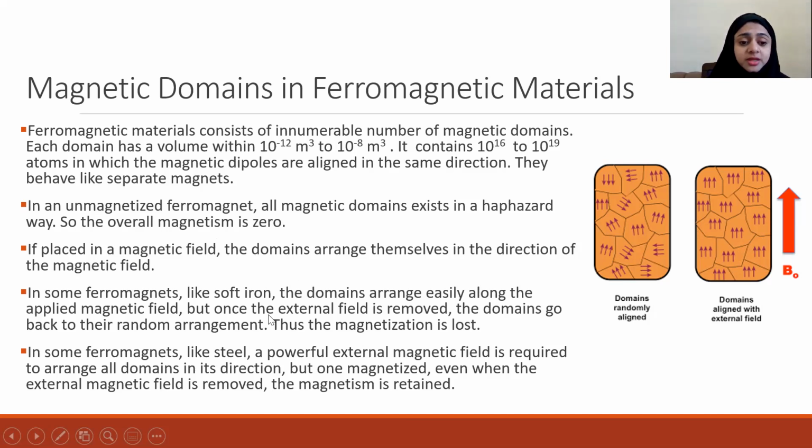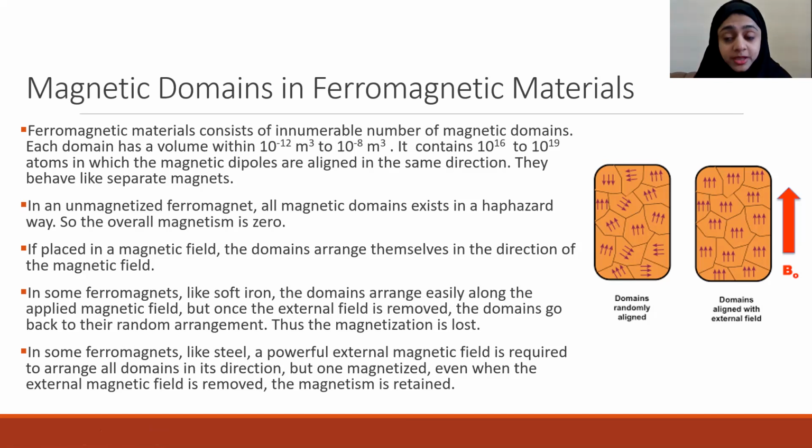In some ferromagnets like soft iron, the domains arrange easily along the applied magnetic field, but once the external field is removed, the domains go back to their random arrangement. Thus, the magnetization is lost. So in certain ferromagnets like soft iron, it is very easy to magnetize the material.